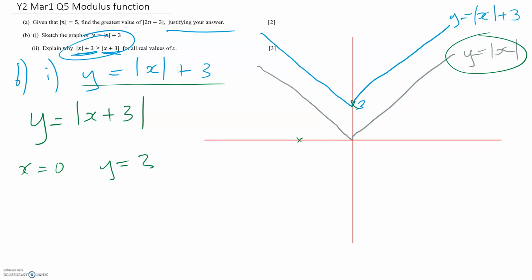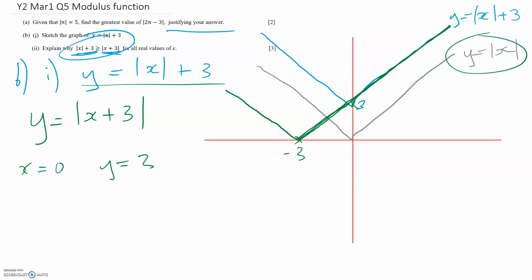So it's going to go through at minus 3 here, and it's going to go through at plus 3 here. The gradient is also going to be plus 1, the same gradient as the previous graph. And then on this side, the gradient is going to be minus 1.